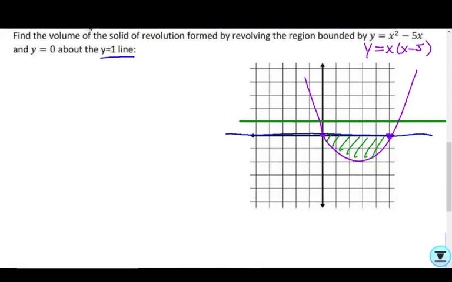Now again, one of the things I tell my students to do is to reflect this area. So I'm going to reflect the area over my line of rotation, and it's going to look something like this. If we revolve it, it's going to look like this.